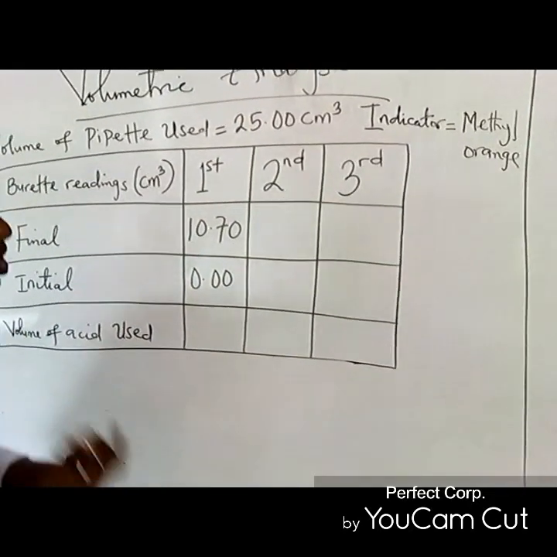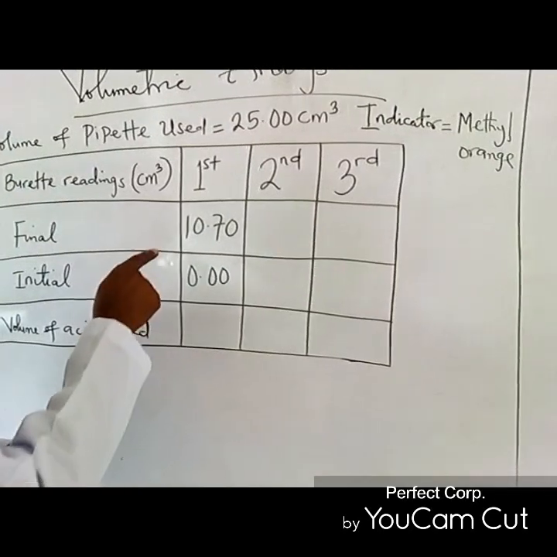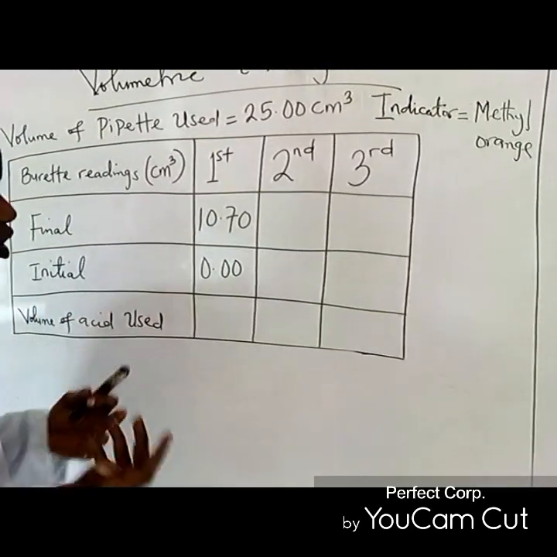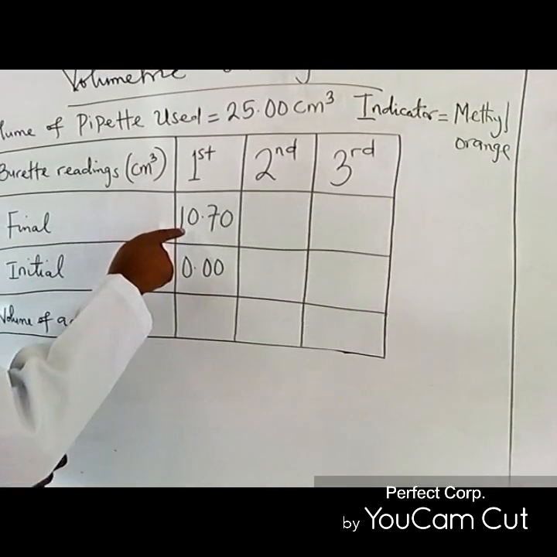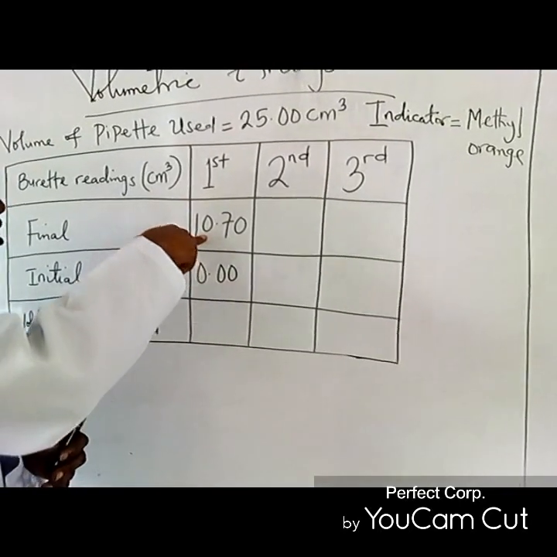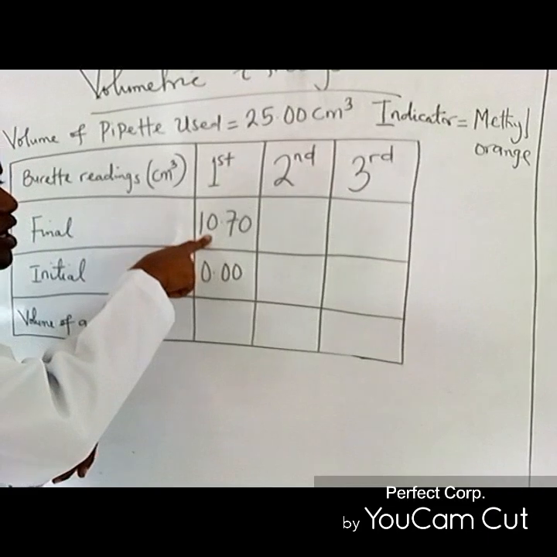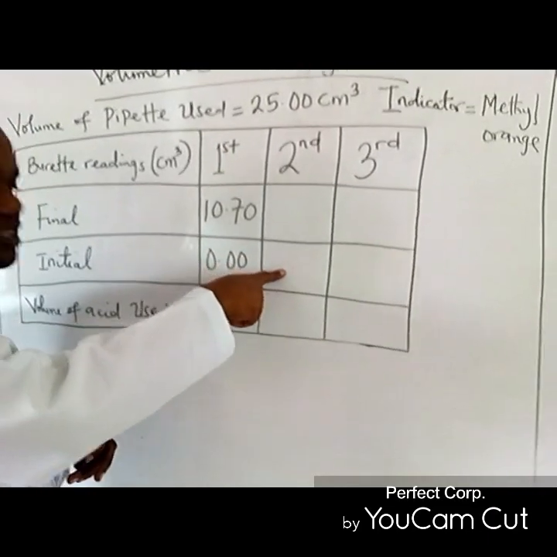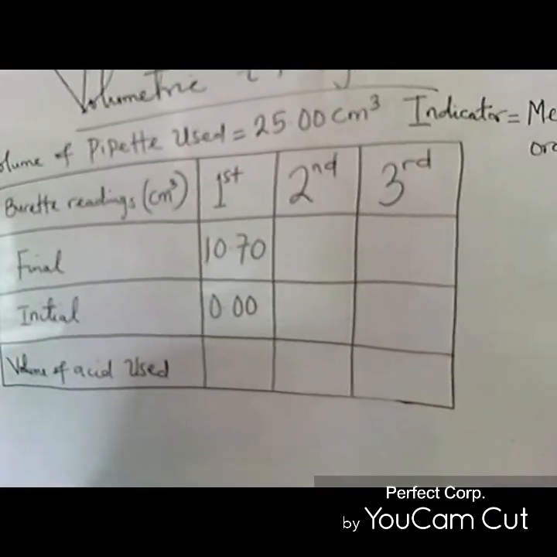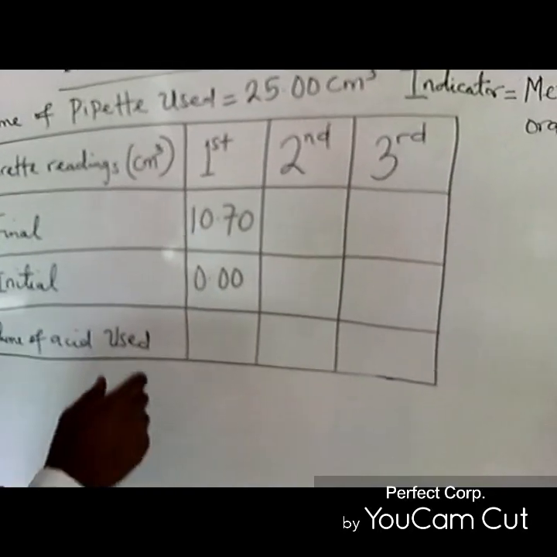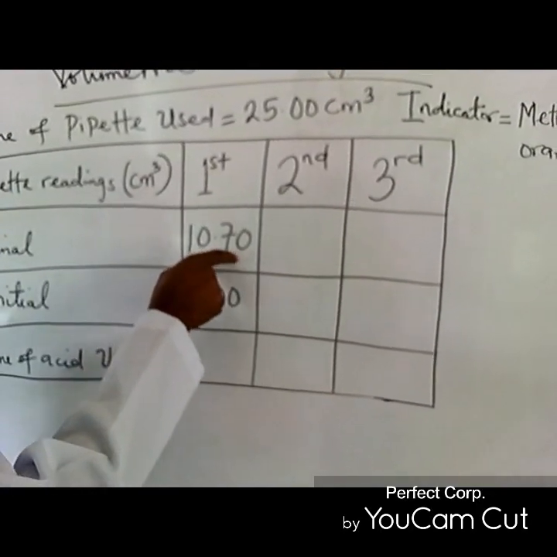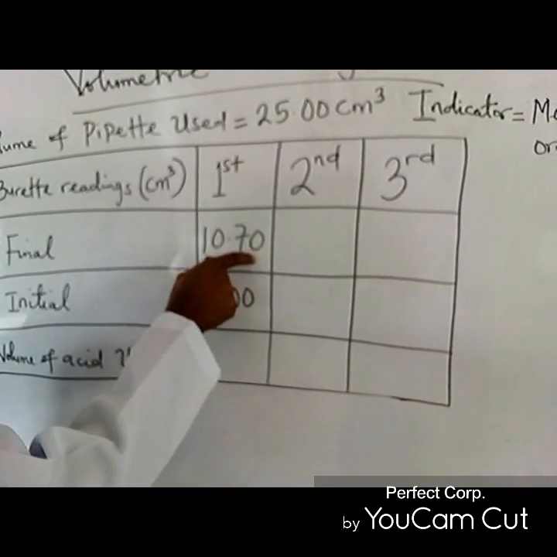What I was trying to explain is, it all depends on the individual. You might decide to make use of the final reading for the first titre value as your second initial reading, where we stopped previously.